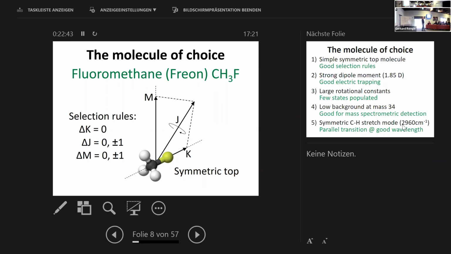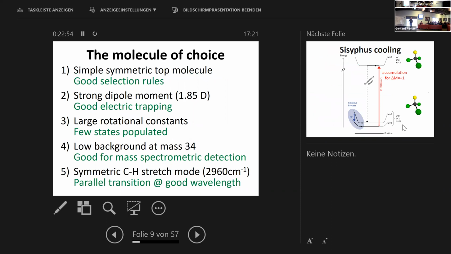They are pretty straightforward. There's nothing like a Franck-Condon factor that needs to be considered. There's no hyperfine structure involved in this system. So why do we say, well, it's a simple symmetric top molecule, it has very good selection rules. I already said this. It has a strong dipole moment of almost 2 Debye, so it allows for good electric trapping.